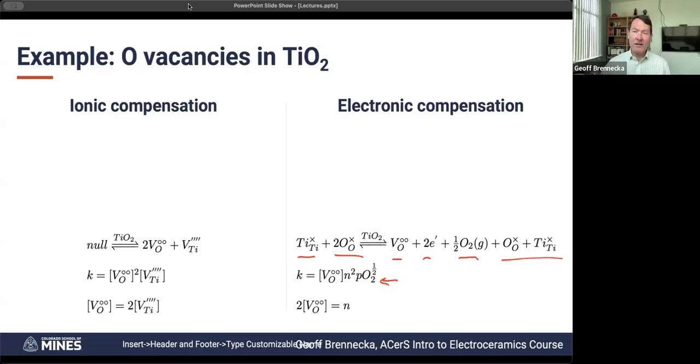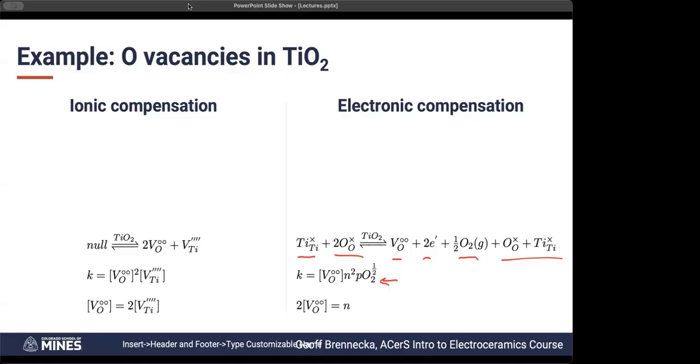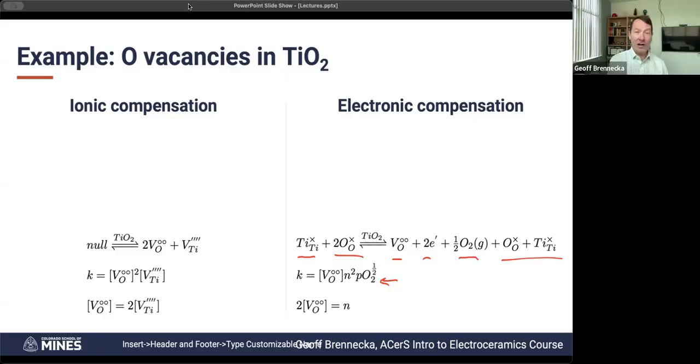So you'll recognize that almost always, there are occasional exceptions if you have something weird, like changing valence, when you are electronically compensating for defects, there will end up being a PO2 dependence. Almost always, when you're ionically compensating, there's not a PO2 dependence. That ends up being important because PO2 is something that we can adjust in the lab.